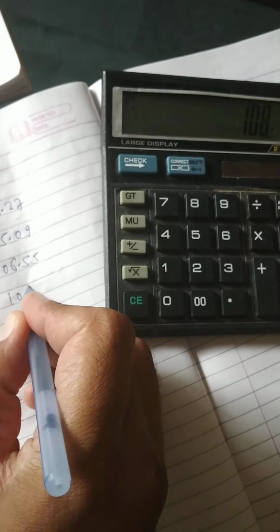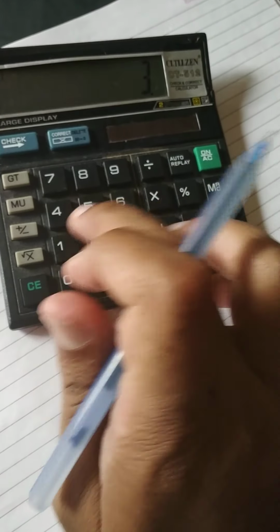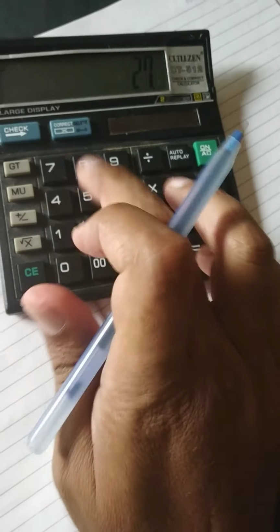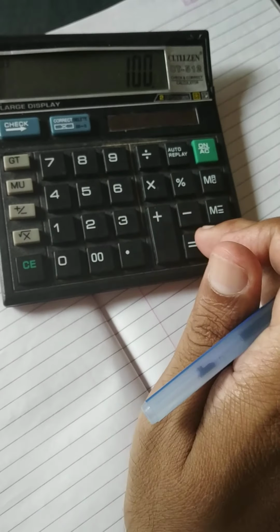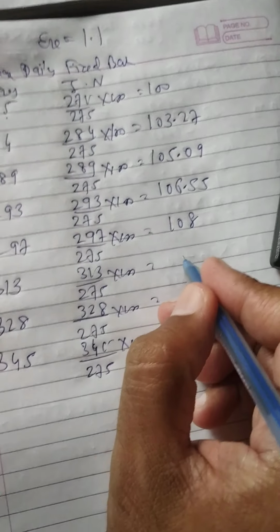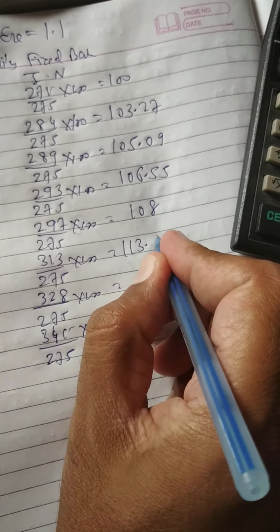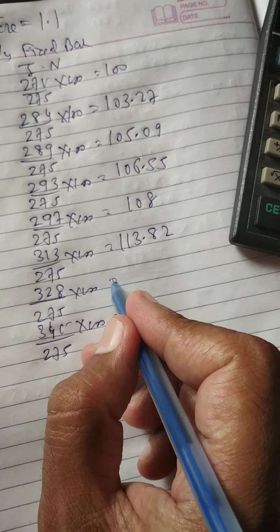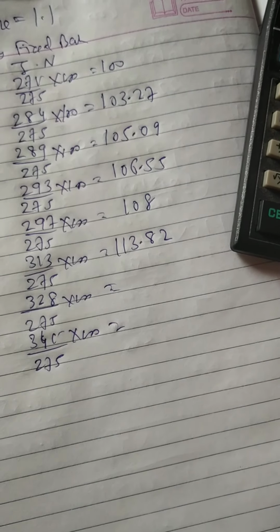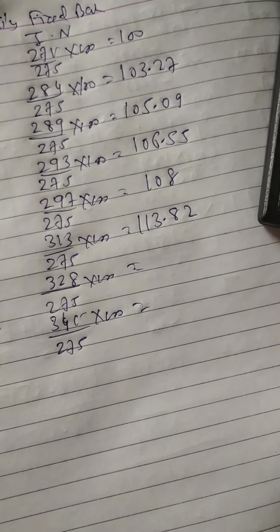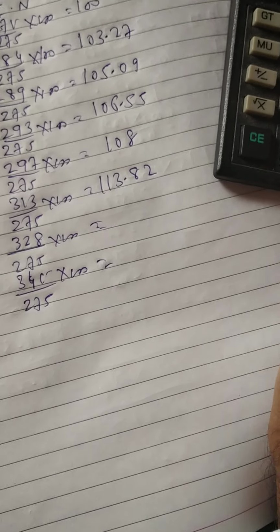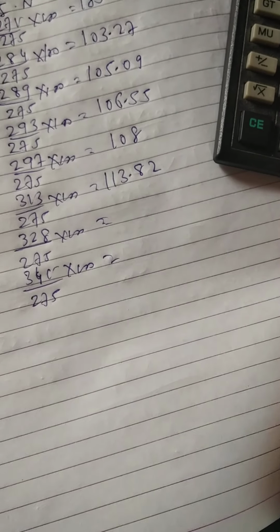Value is 108. Next one is 313 divided by 275 into 100. Value is 113.82. Next one is 328 divided by 275 into 100.